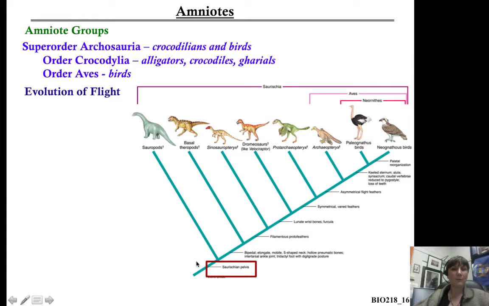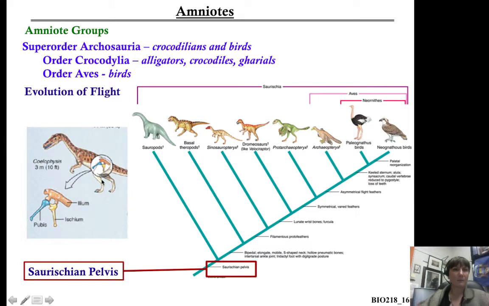One of the first adaptations was the Saurischian pelvis. If you look at the pelvis of dinosaurs, they were very interesting. It's rotated down differently from ours. So here's the ilium, here's the ischium. The ischium are your butt bones, if you will. So when you sit down or sit in someone's lap and you feel those bony protuberances, that's the ischium. And your pubis is, of course, in the front.